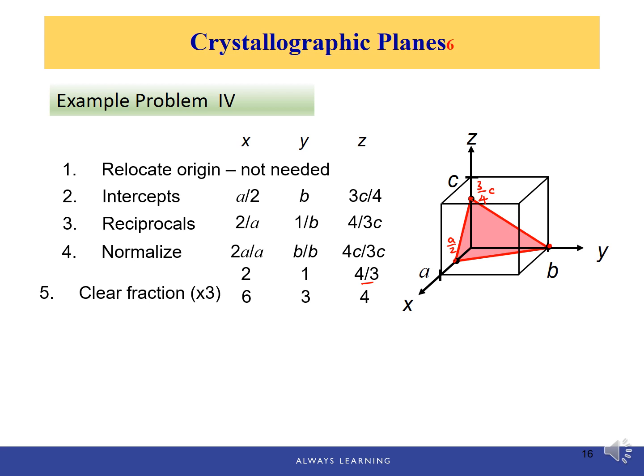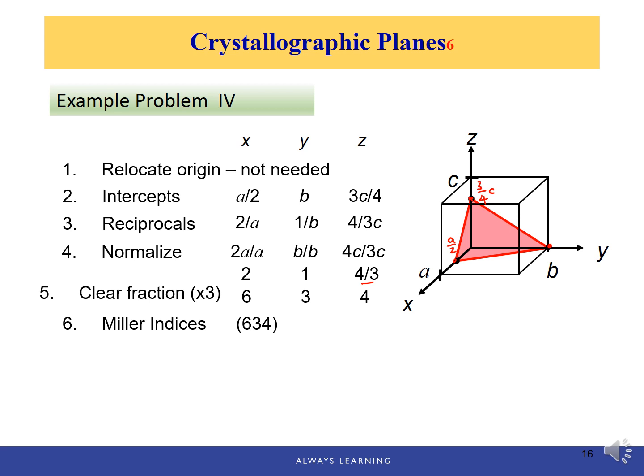So here's the result, 6, 3, and 4. Again, do not reduce to the smallest number, even if you can do it. For this one, we cannot, and we don't need to. And then we enclose the indices in a pair of parentheses.